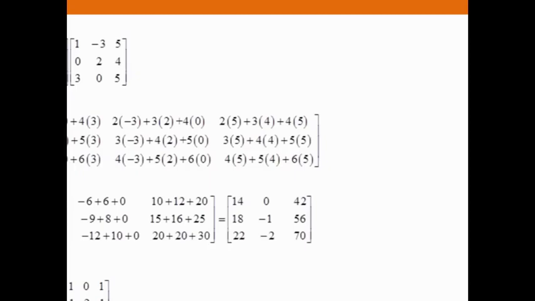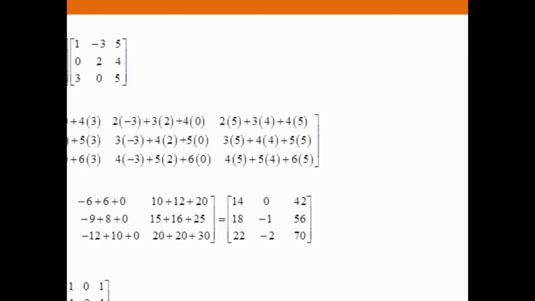Now how will you multiply? 2 into 1 plus 3 into 0 plus 4 into 3. When you multiply first row with first column, you get one element by adding. Now you can see here 2 plus 0 plus 12, that is one element, 14.